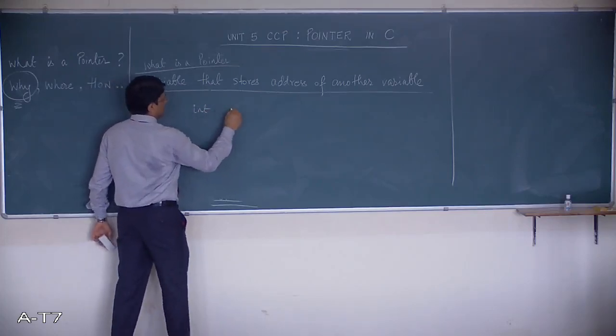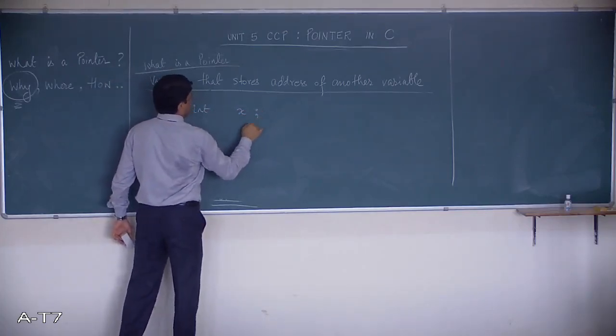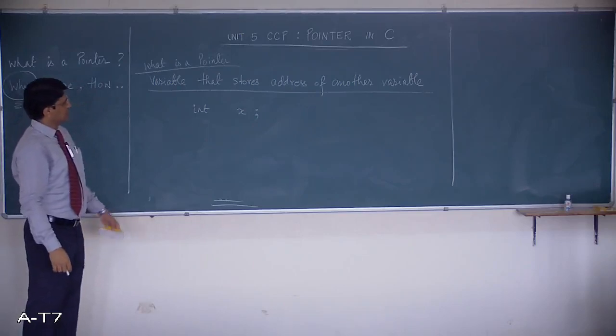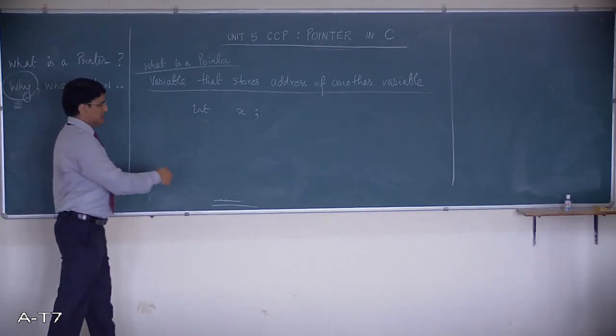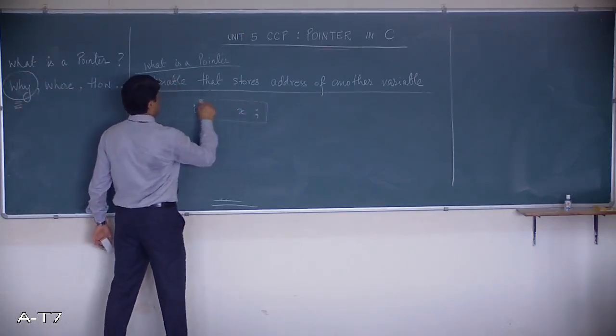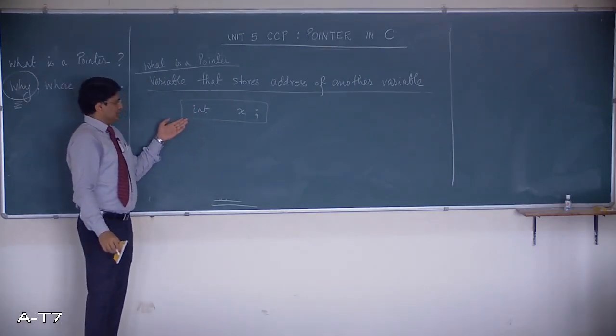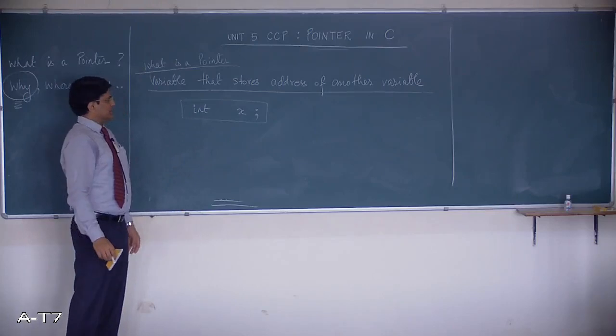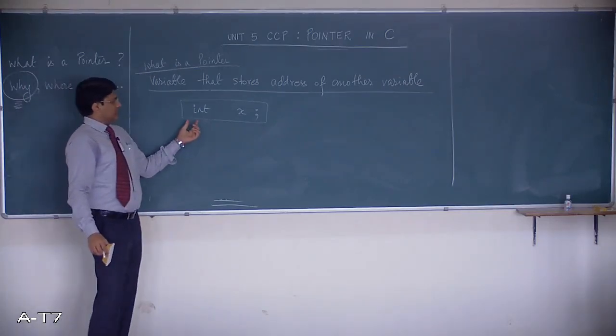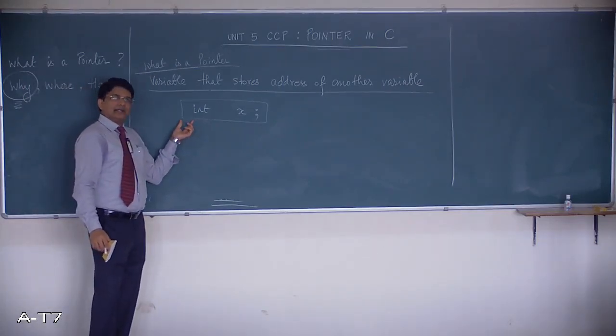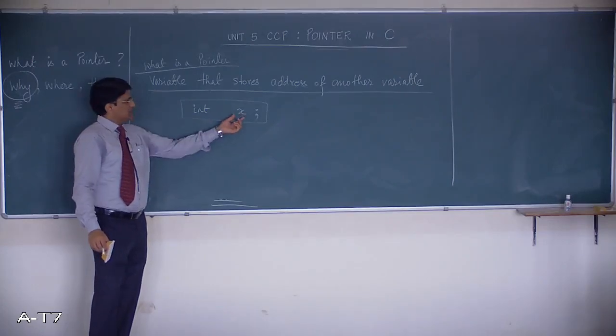Pointer is a variable that stores the address of another variable. So let's declare a variable. What is this? This is a very typical statement. By this time you are used to seeing hundreds of statements like this. This is a declaration statement.